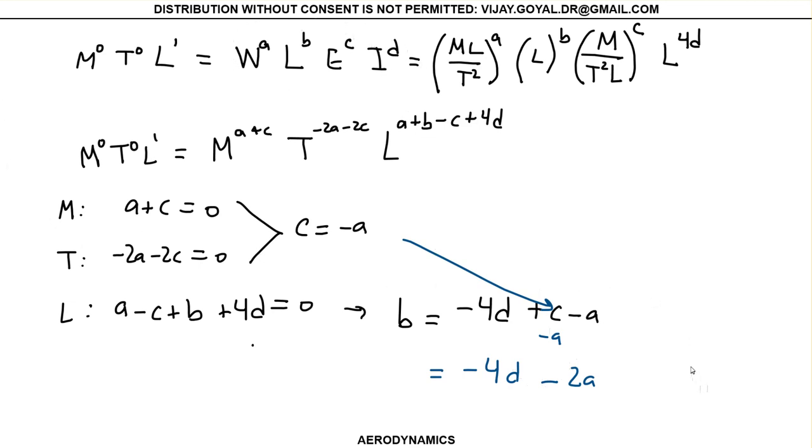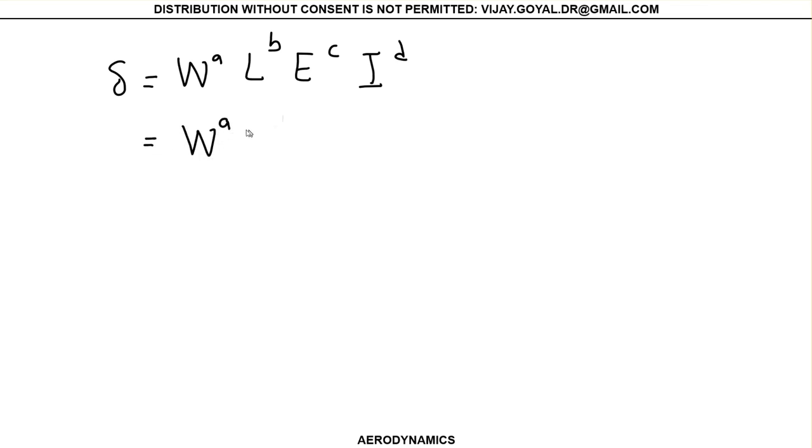Okay, so let's go to the next page. Now we have delta is equal to W to the A, L to the B, E to the C, I to the D. So let's replace. We're going to keep the A and D intact.